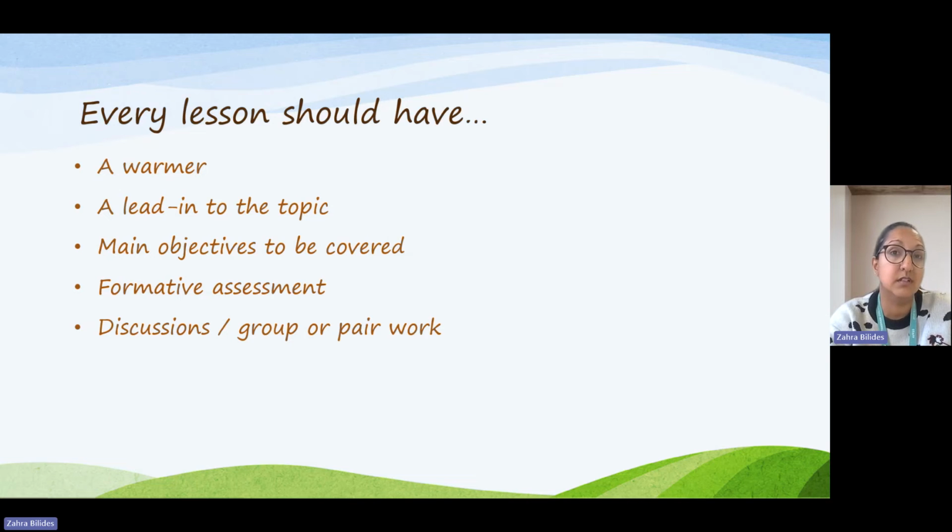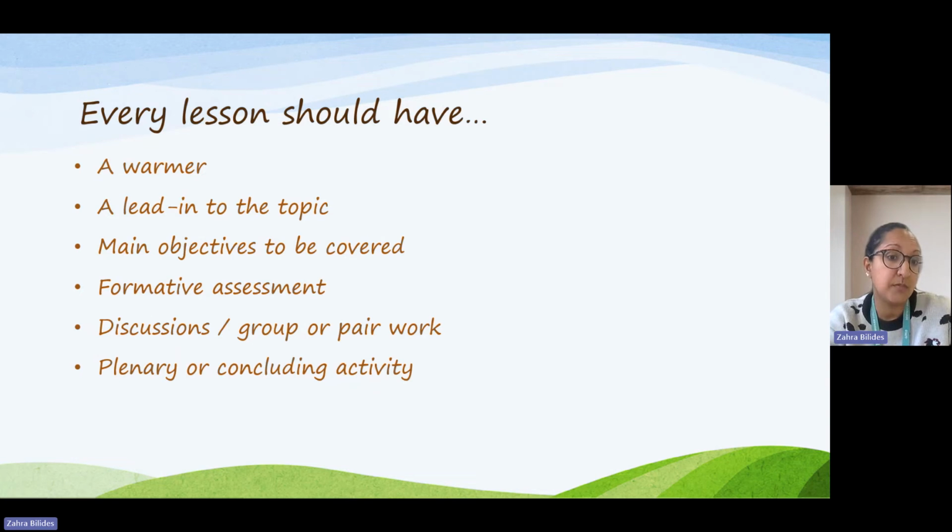It's also a good idea, depending on the type of lesson you have, to have some discussions or some group work, pair work, so that the learners are actively involved in the topic.